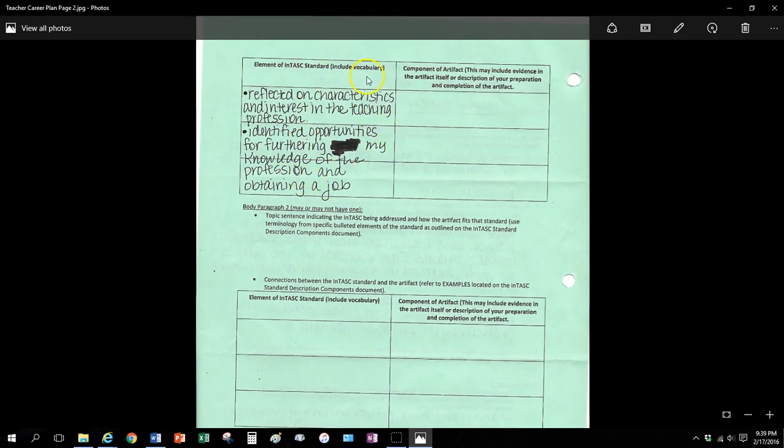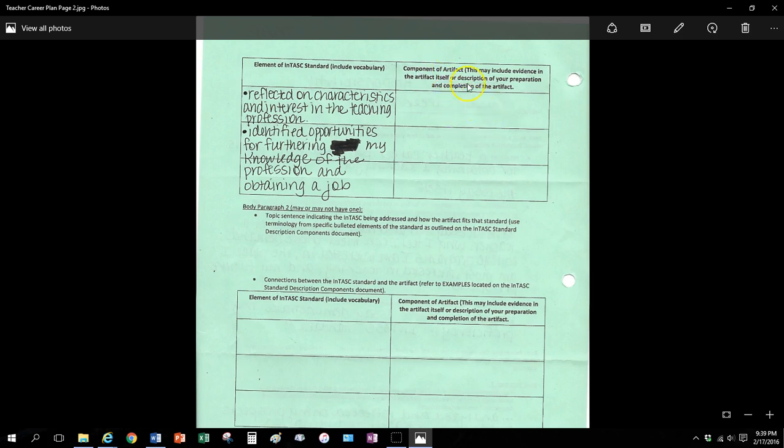So here we took out some specific elements of the InTASC standard. So what did you do? You reflected on characteristics and interest in the teaching profession. That's what you did, and that's related to the InTASC standard itself. So the next thing you would want to do is something that you have to do yourself. I can't help you with this piece because each of you is going to have something different.